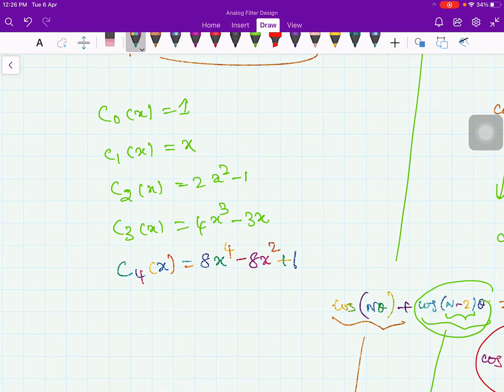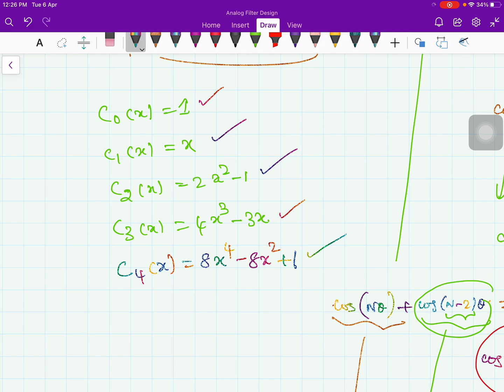Now you notice the pattern. C0 of x is 1, C1 of x is x, C2 of x is 2x squared minus 1, C3 of x is 4x cubed minus 3x, and C4 of x is 8x to the 4 minus 8x squared plus 1.